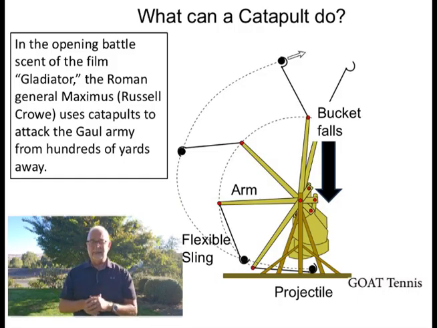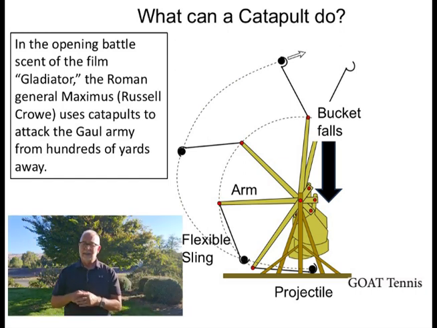And they find out that they're not once the catapults are launched. And that is the first big mistake the Gauls make, that along with not protecting their flanks from Maximus's cavalry, ends up defeating the Gauls.